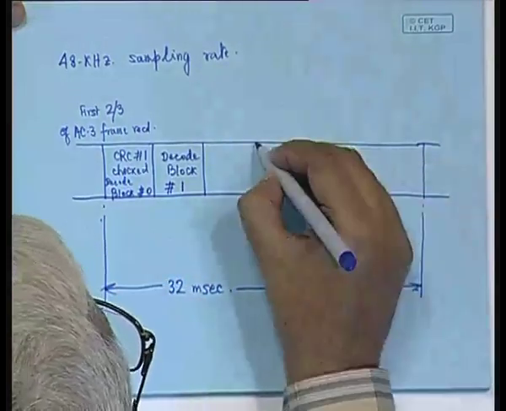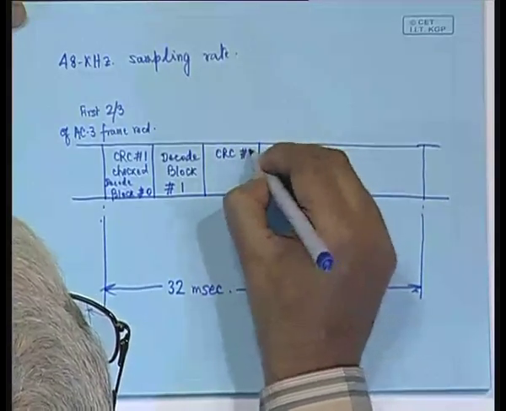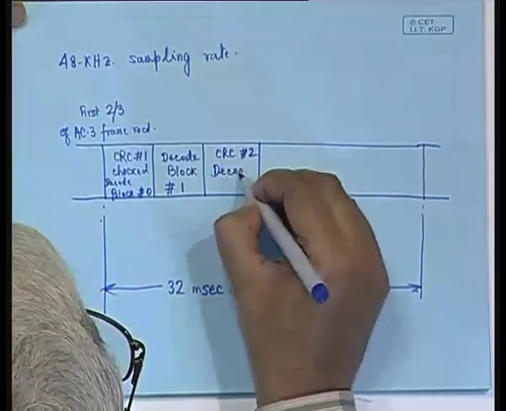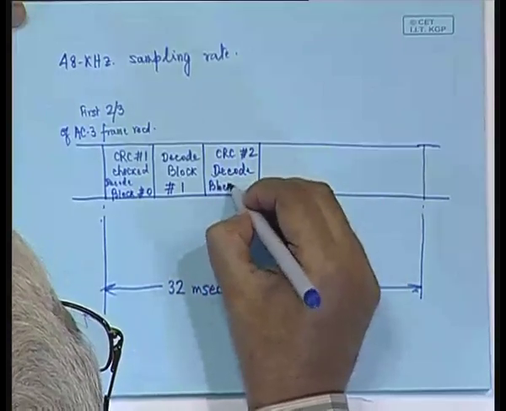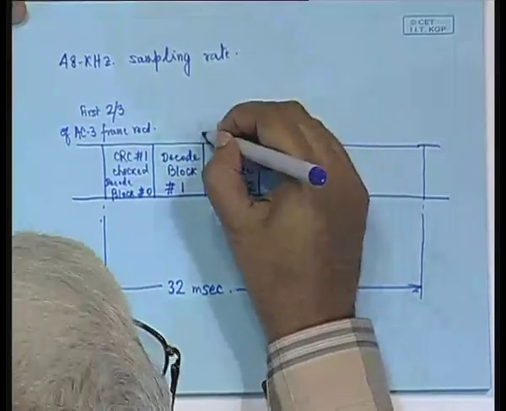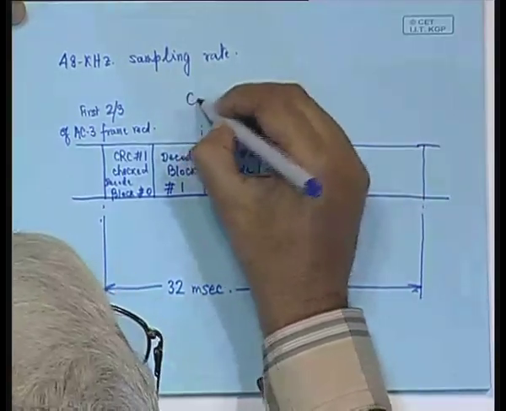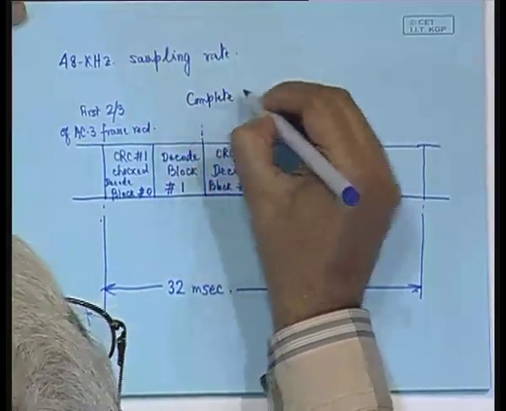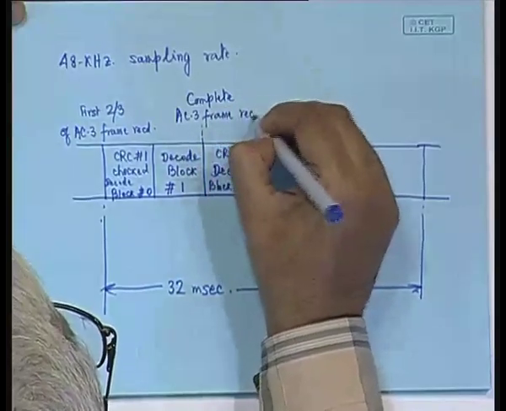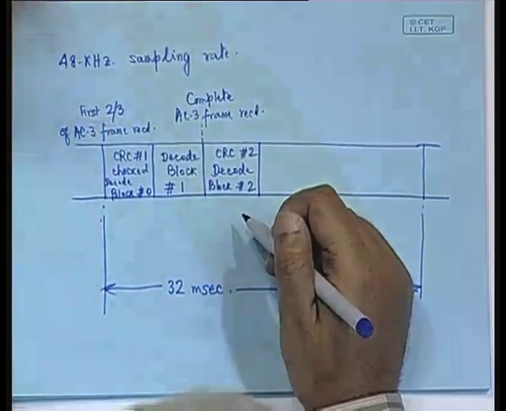And then next we check CRC 2. So CRC number 2 is checked and then we decode block 2. Which means that when CRC 2 is checked, at this instant you must have the complete AC3 frame received.